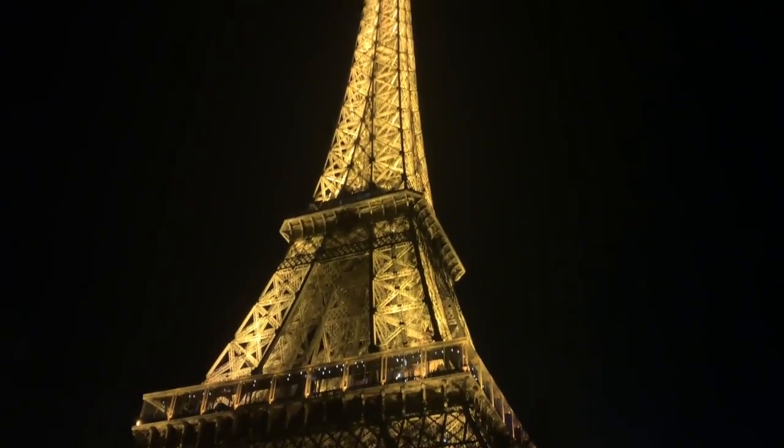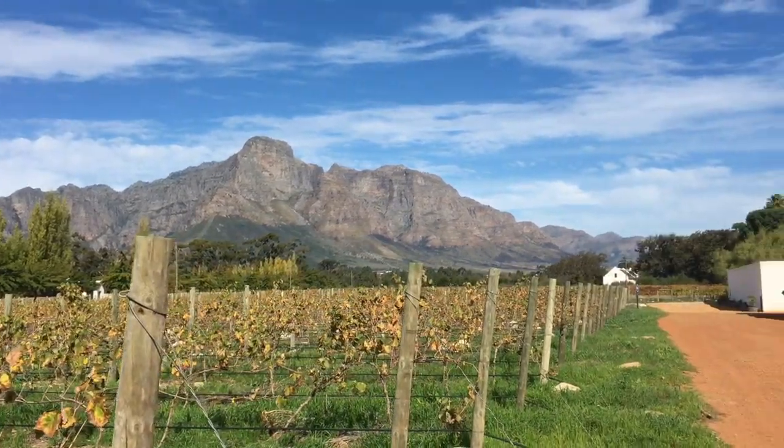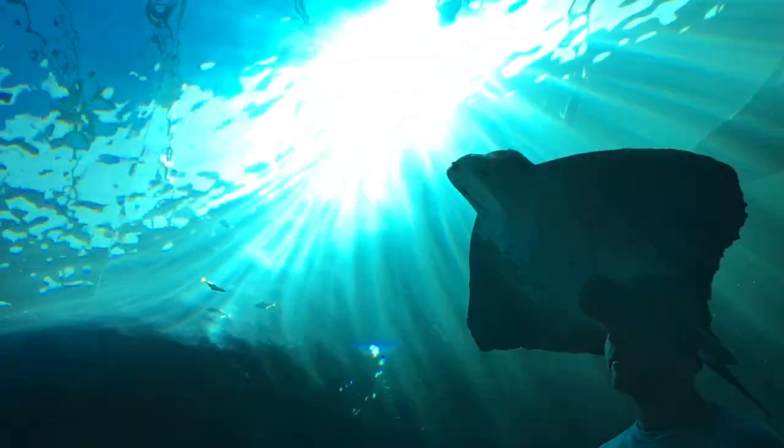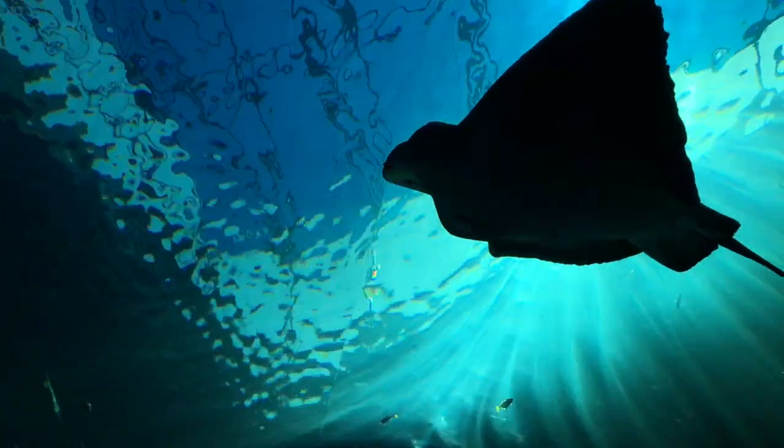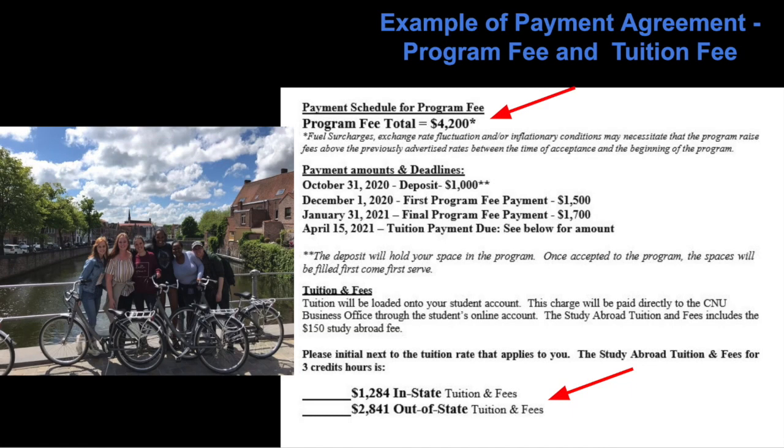You can expect to pay the tuition based on your status as an in-state student or as an out-of-state student. The amount due for tuition will be entered onto your student account mid-spring. It will appear as a charge.